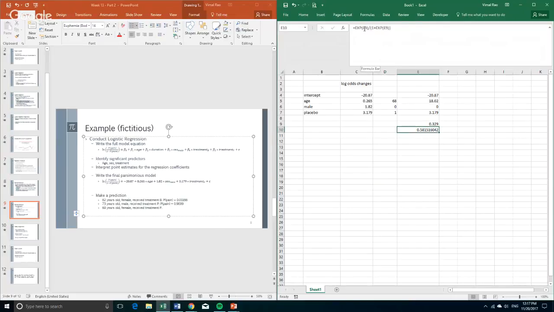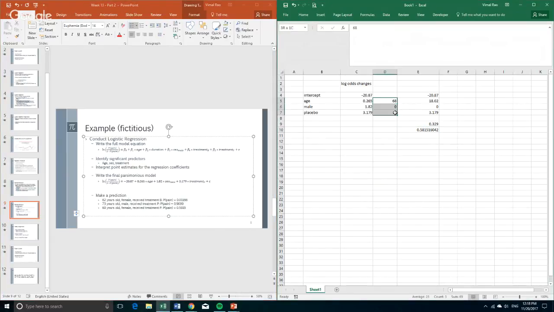E to the 0.392 divided by 1 plus e to the 0.392 is a predicted probability of pain equal to 0.5815. So hopefully that makes a little bit of sense.